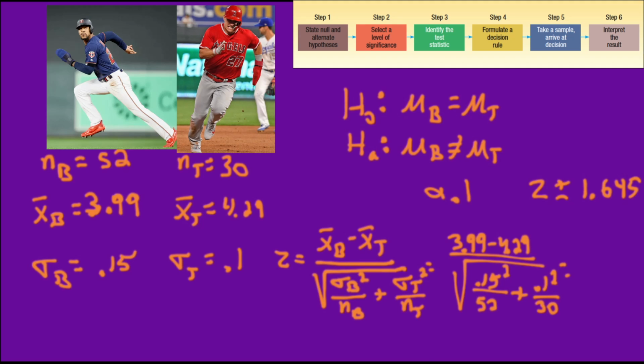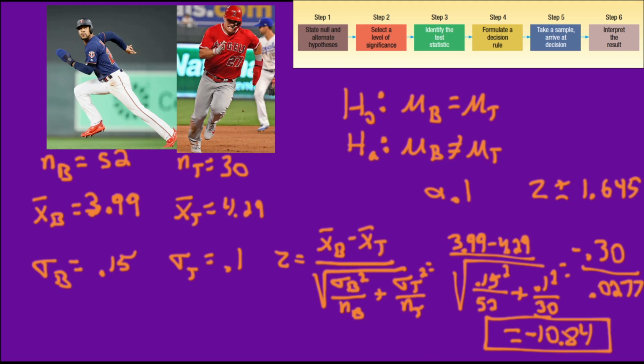Now, so this becomes negative 0.30, I think, up top. And so what does this simplify down to? I believe, and you can double check my math, this is 0.0277 roughly. And so when we finalize this out, it becomes negative 10.84, give or take.